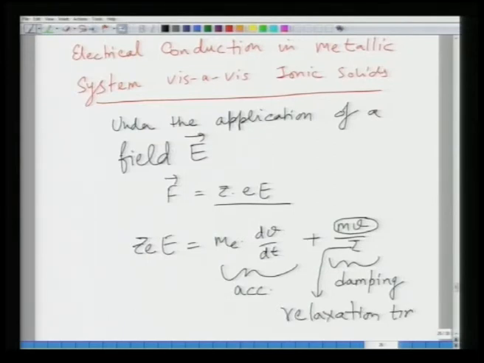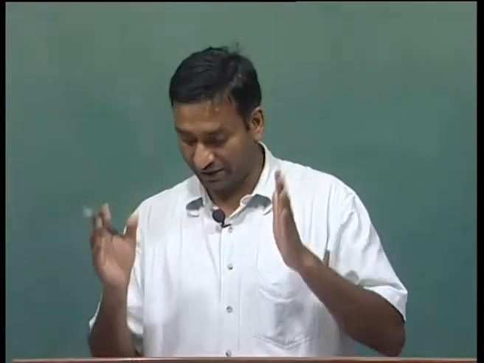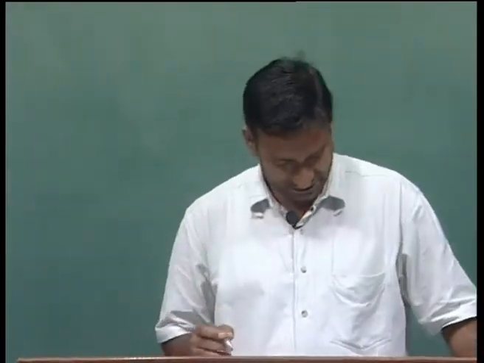So, this relaxation time is basically the average time spent between two collisions which an electron undergoes while it moves in a lattice.